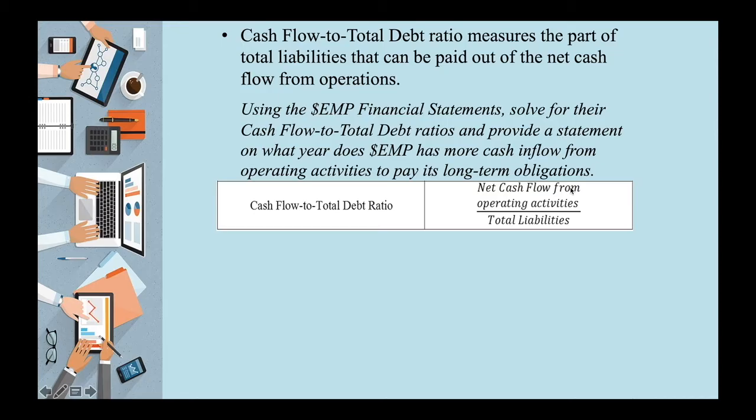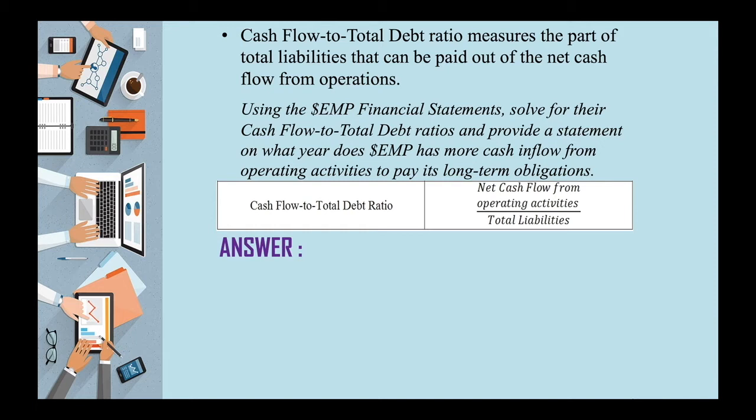Balikan natin yung basic ng cash flow. Cash inflow from operating activities, cash flow from financing activities, and cash flow from investing activities. So, for this cash flow to total debt ratio, ang titingnan lang natin is the cash flow from operating activities lang. So, hindi kasama yung financing and yung sa investing.